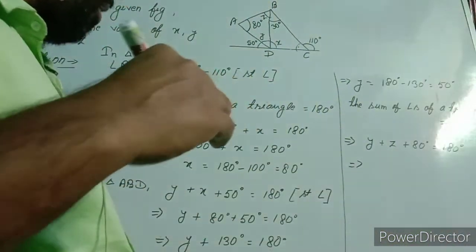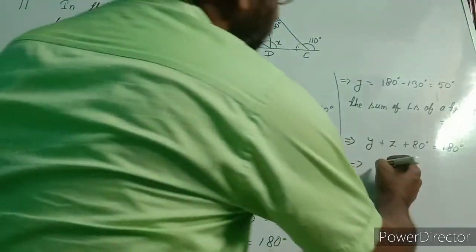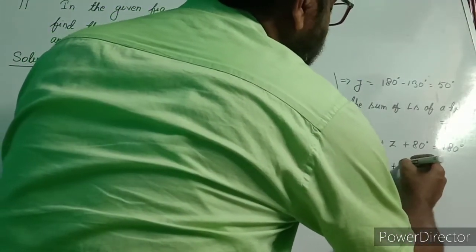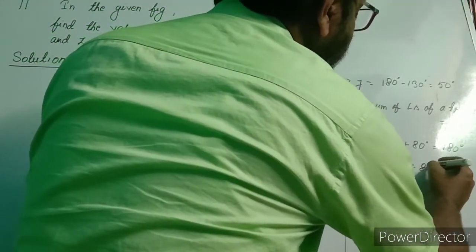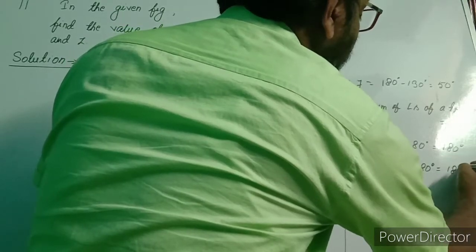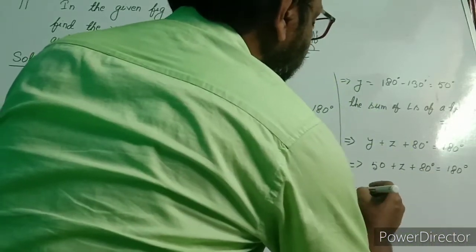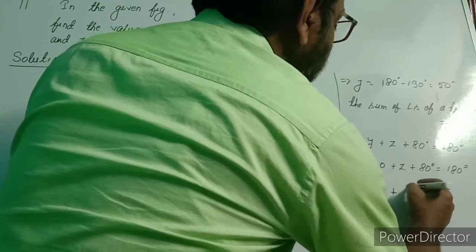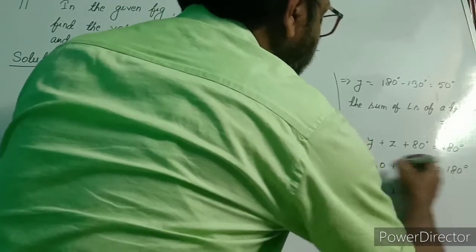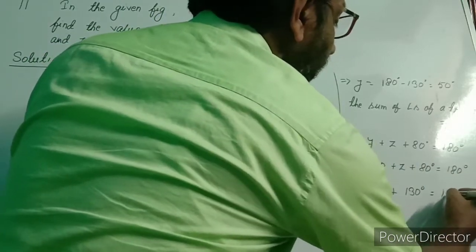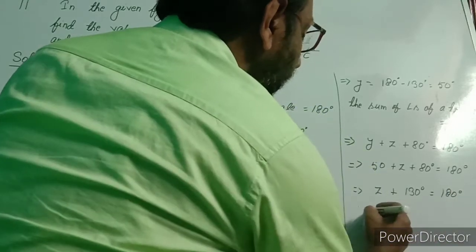The value of y we have 50 degree, plus z plus 80 degree equal to 180 degree. Z plus 130 degree, 80 plus 50, 130 degree equal to 180 degree.